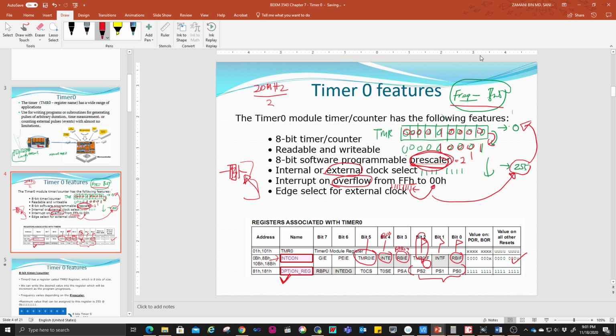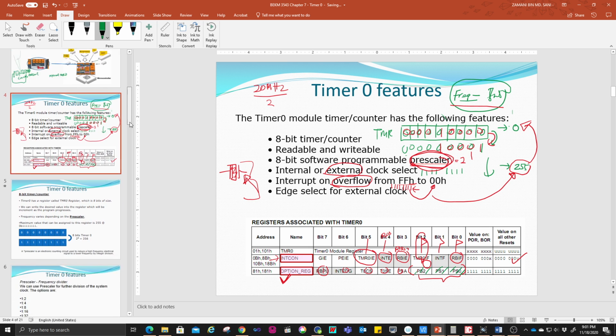The rest you just need to change this one to enable this one. The rest is all 0, and you need to change accordingly to what value you want for the prescaler, at these 3 sections. So what is the value for this one? Of course, this can be only 1 or 0, right?